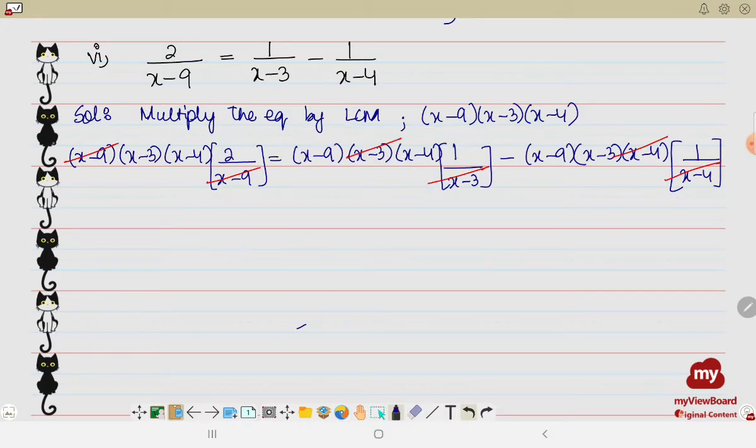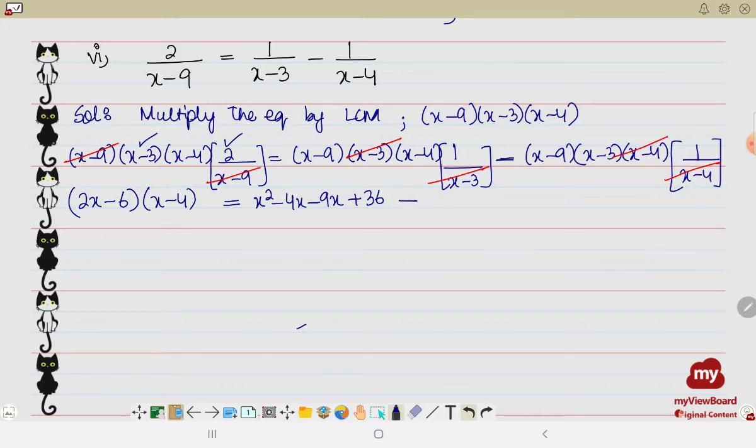Let's multiply 2x minus 6 into x minus 4. So we have multiplied 2 by this term, right? And then on the right hand side, we are having these two factors left. So we'll multiply them. It becomes x square minus 4x minus 9x plus 36, right?